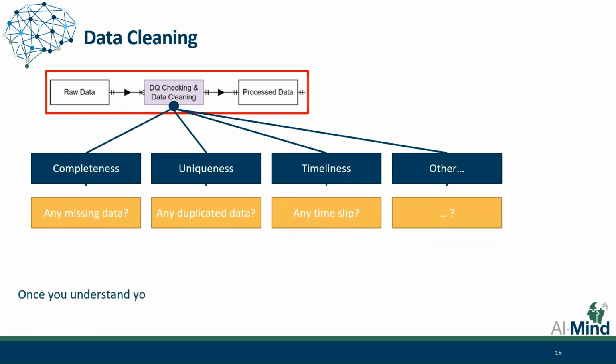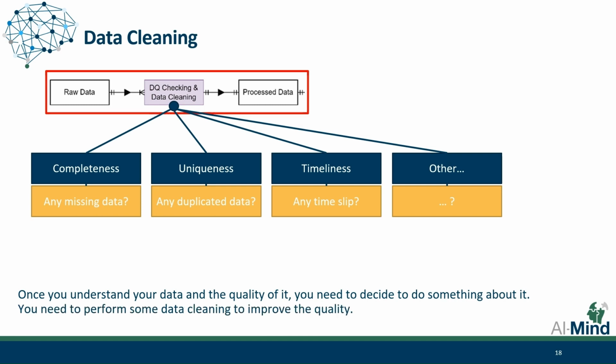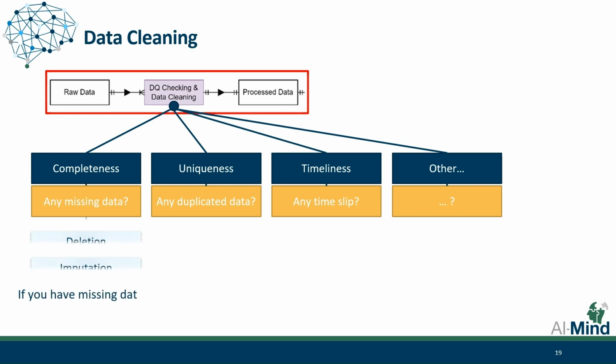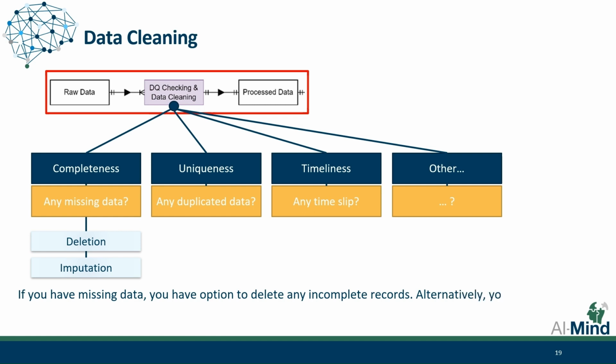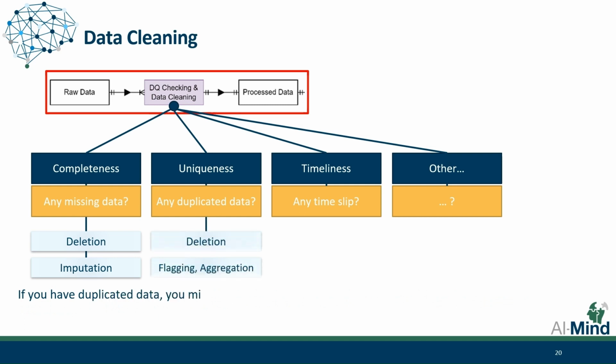Once you understand your data and the quality of it, you need to decide to do something about it. You need to perform some data cleaning to improve the quality. If you have missing data, you have the option to delete any incomplete records. Alternatively, you can perform imputation, which involves filling in missing values with estimated or calculated values. If you have duplicated data, you might simply want to delete any exact duplicated records.